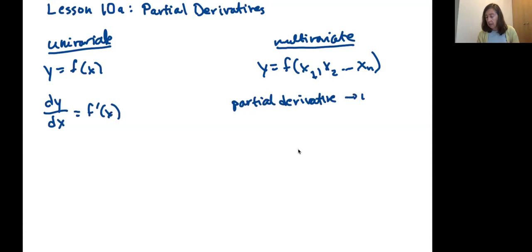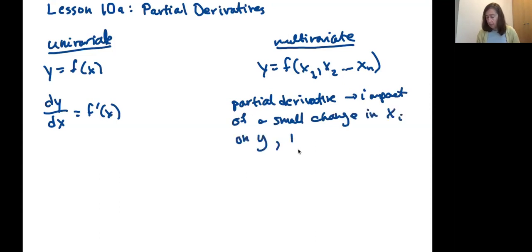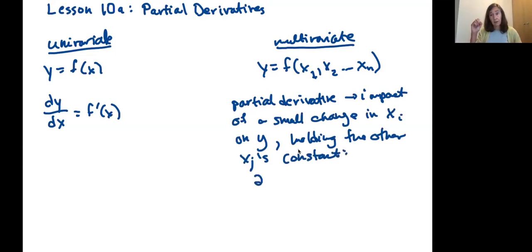So we're thinking about the impact of a small, infinitesimally small change in one of the x's, x_i, on y, holding the other x's, the x_j's, constant. And we write it a little bit differently. Instead of those Roman dy dx's, we use a funky version of a lowercase delta, and people always just say del. So it's del y, del x_i.